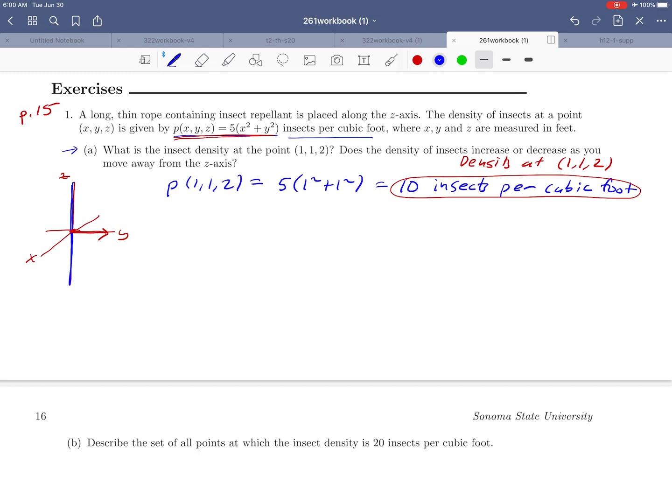So let's put that into words. Since our function increases as x and y increase, that should mean that the insect density is going to increase as well.